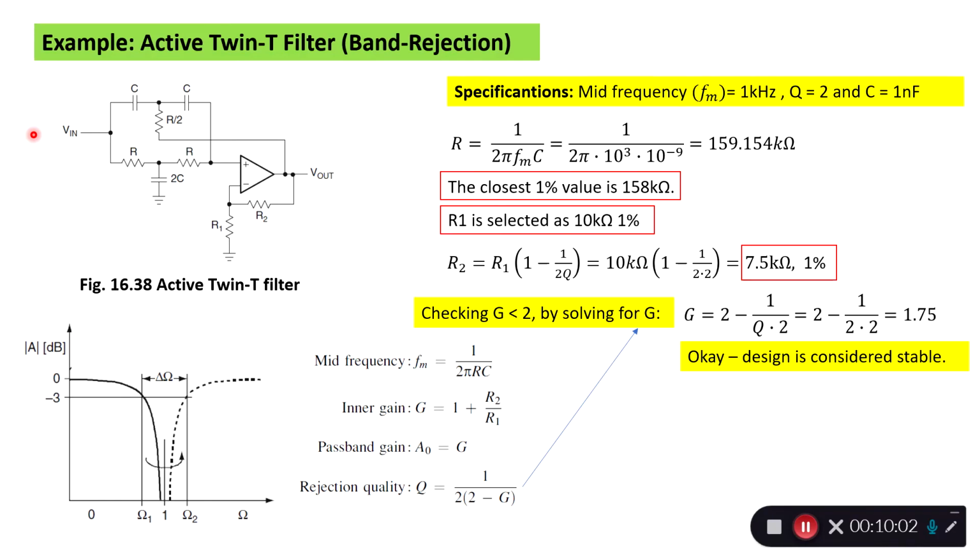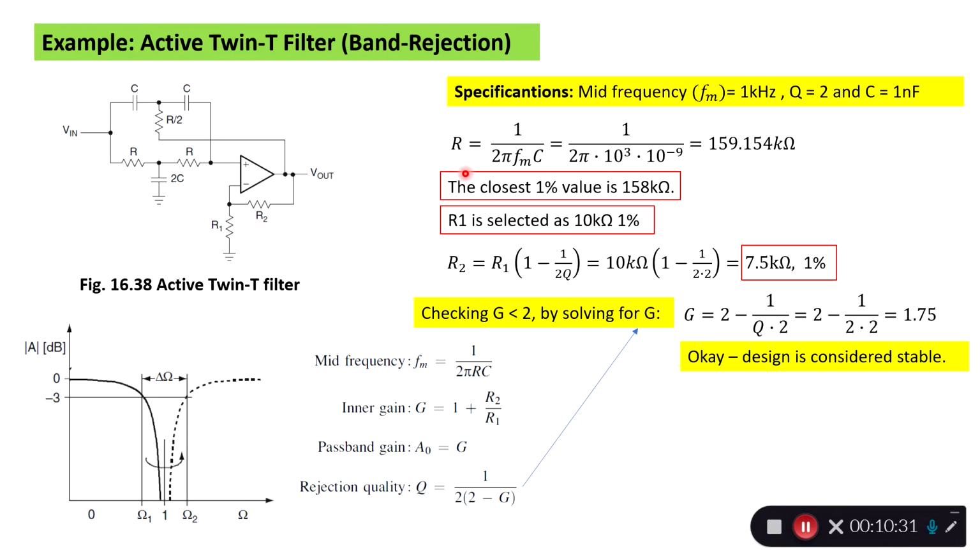Let's take a small example on how we actually design a twin T filter. We have here the mid frequency of 1 kilohertz, and we want a selectivity of the band rejection filter to have a Q of 2, and we pick the capacitor to be 1 nanofarad.